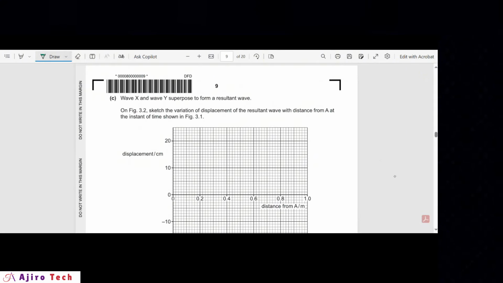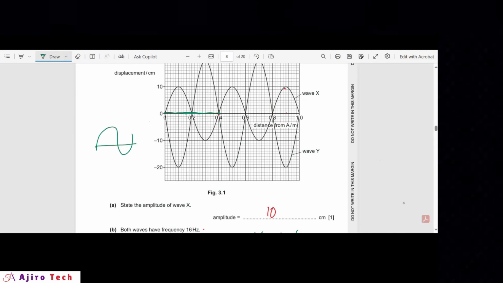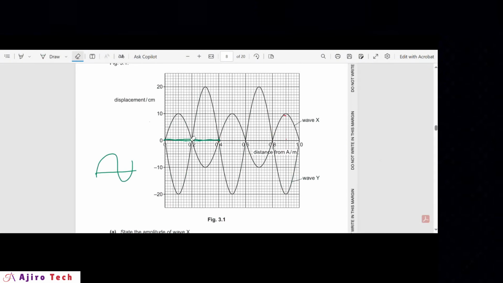Okay. So the wave X and wave Y are supposed to superimpose to form a resultant wave. Now I want to sketch resultant displacement against distance. Let's go back to this and see. Resultant displacement means the sum of the individual displacements at any point. Let's start from the beginning here.